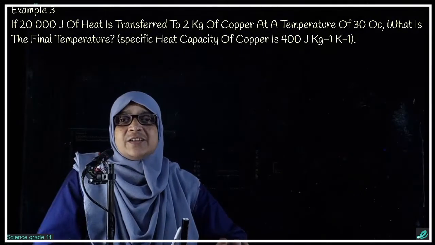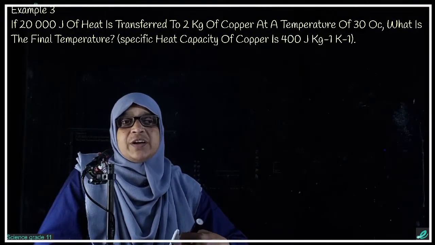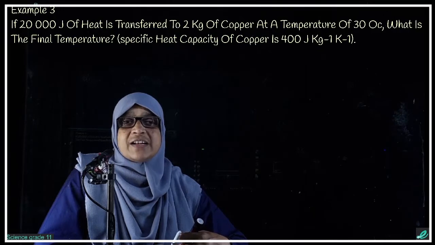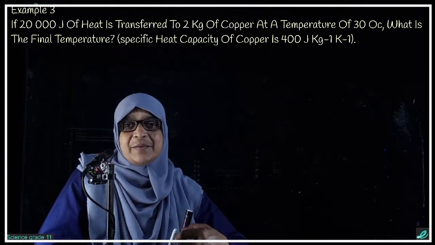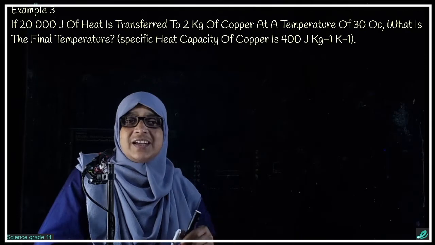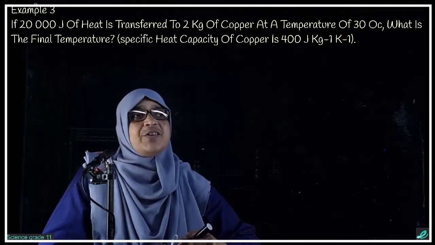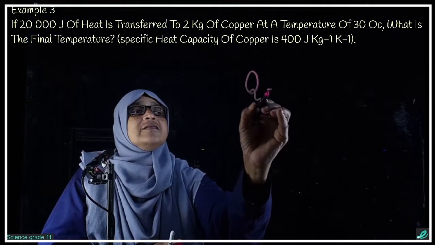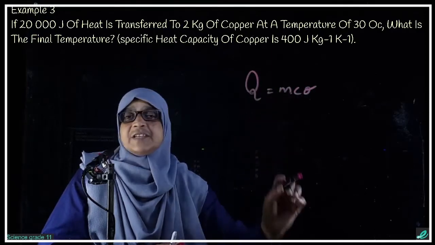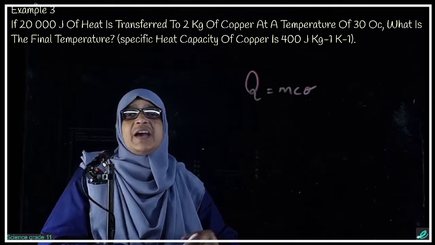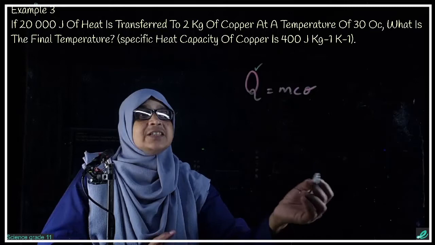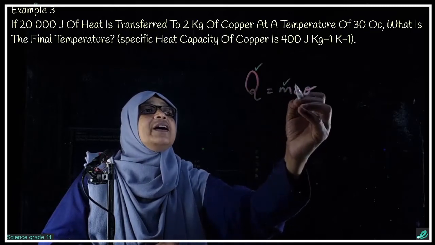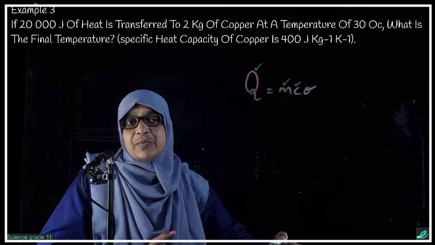Okay, children, read the question now. If 20,000 joules of heat is transferred to 2 kg of copper at a temperature of 30 degrees Celsius, what is the final temperature? So, our question is the final temperature. Here we have been given the amount of heat energy transferred, the mass of copper, and the specific heat capacity of copper.